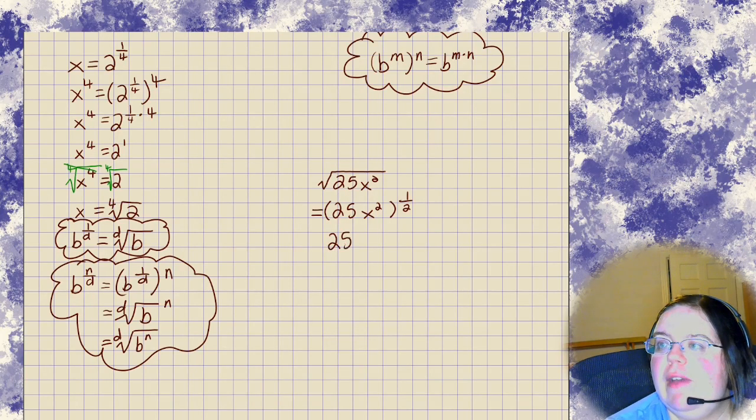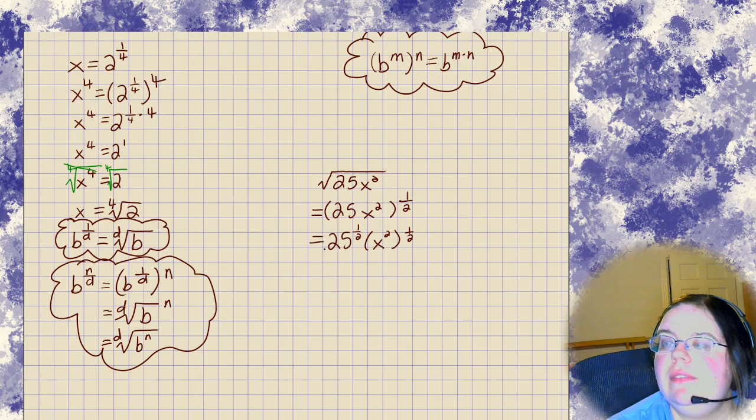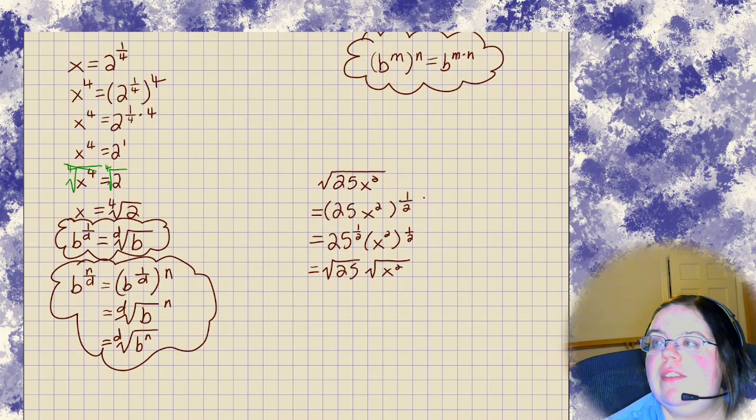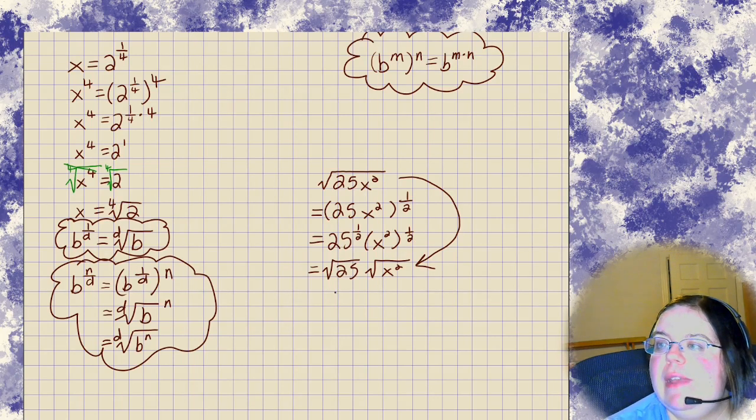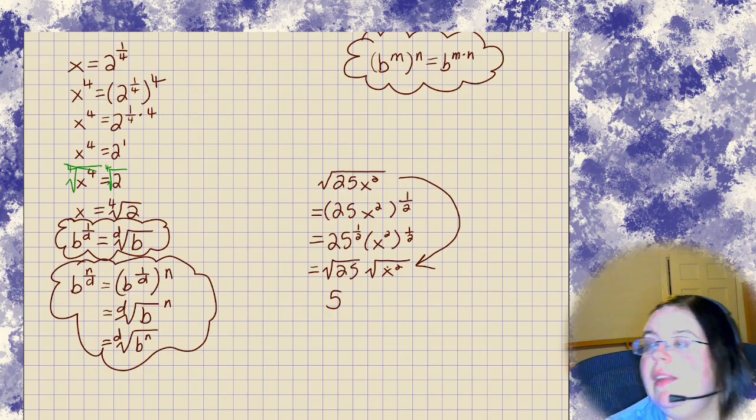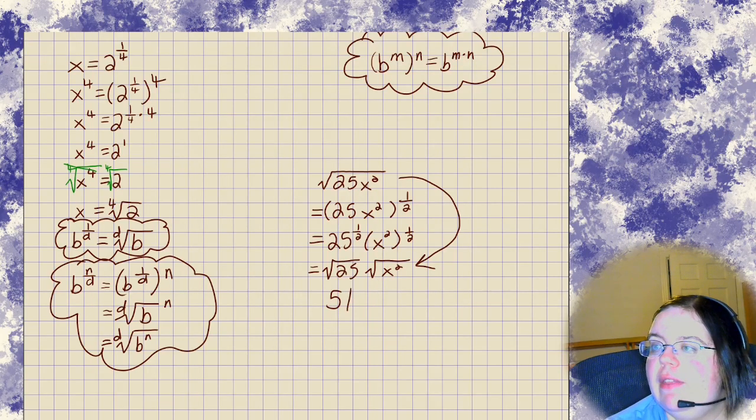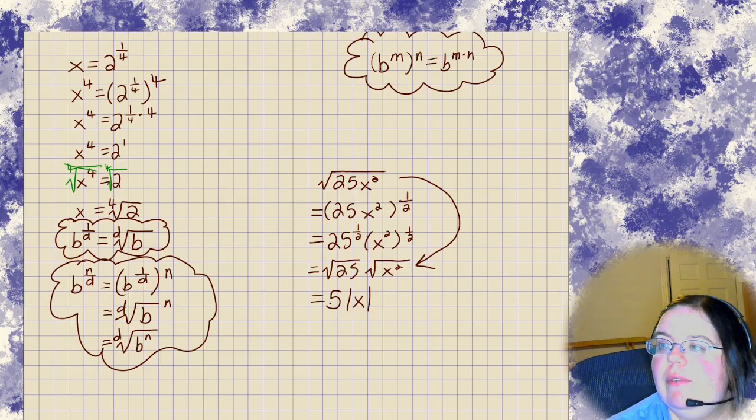So we'd have 25 to the 1/2 times x squared to the 1/2. Well, that's just the square root of 25 and the square root of x squared. So often we'll just go straight from that to that and go factor by factor. And then we'd be able to say, okay, well, that's 5, and since x could have been positive or negative in the first place, 5 times the absolute value of x.